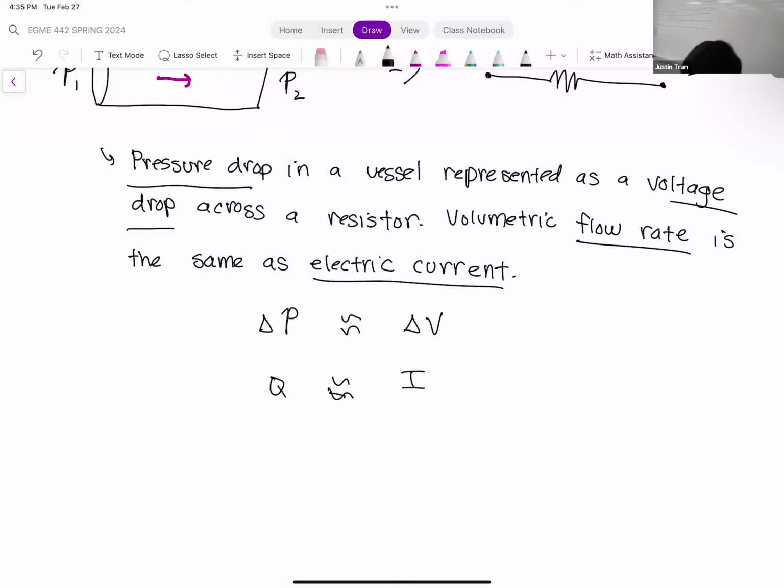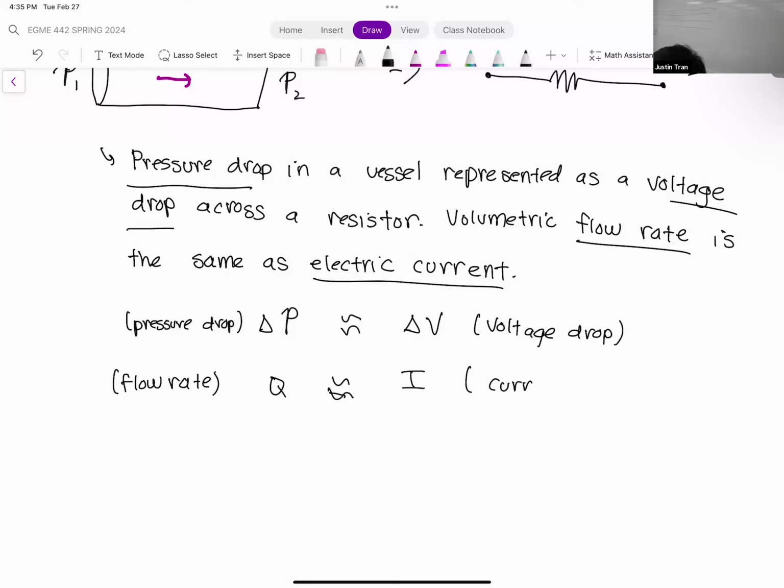Pressure drop, voltage drop, flow rate. With that analogy in mind, we can form an equation that relates pressure drop and flow rate.